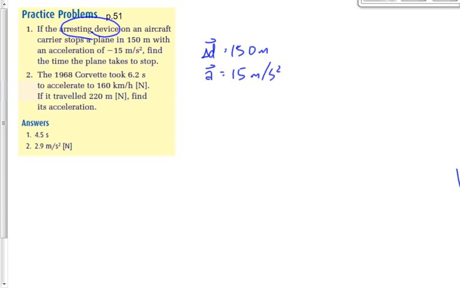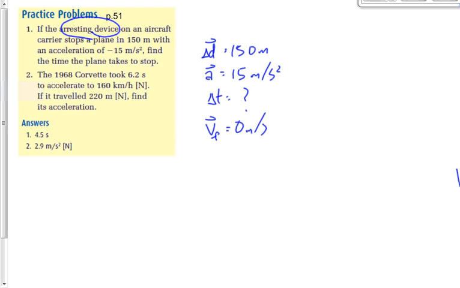Again, I would suggest that the acceleration is probably quite a bit higher than that. The time that it takes the plane to stop, delta t, that's what we're looking for. Anything else that we have given to us here? Good. So vf would be 0 meters per second, right? Anything else? I think that's it.